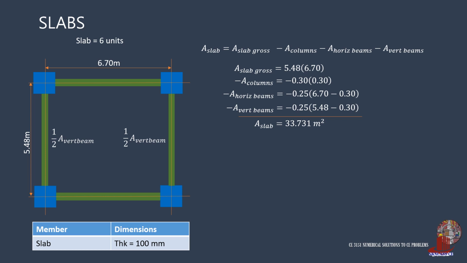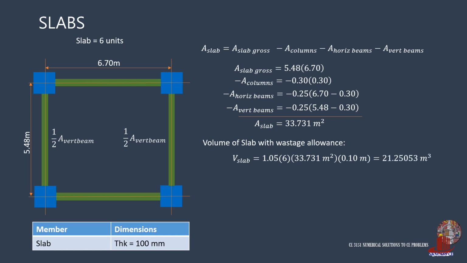With a wastage allowance of 5%, the slab volume is computed as 1.05 times 6 spans of 33.731 area times the thickness of 0.1 meter. This gives a total volume for slabs as 21.25053 cubic meters.